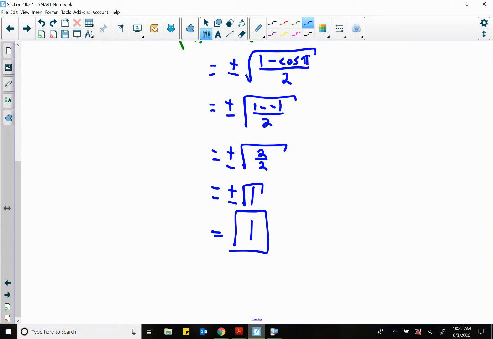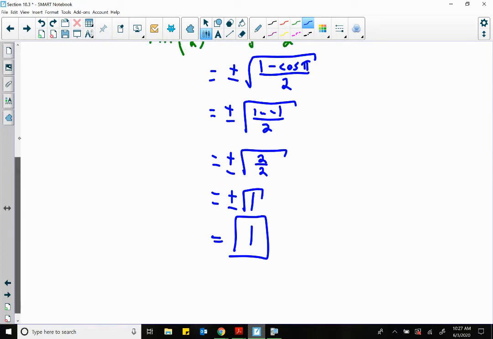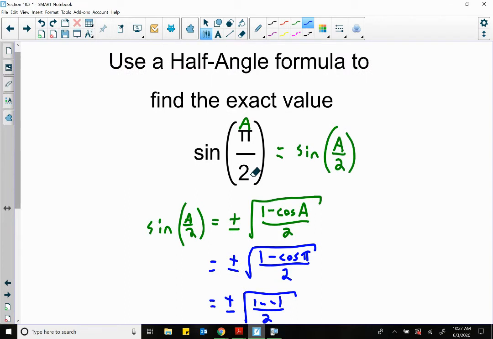Also, the reason why we know this information is because pi over 2 is a quadrantal angle. It's on the y-axis, the positive side. So usually when you're looking at the signs of these, you need to look at what is the sign of your half angle, okay? Or what quadrant is your half angle in?